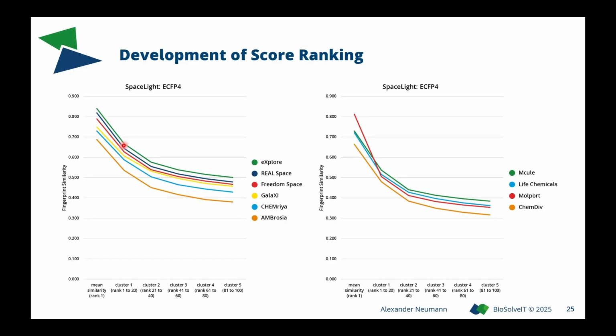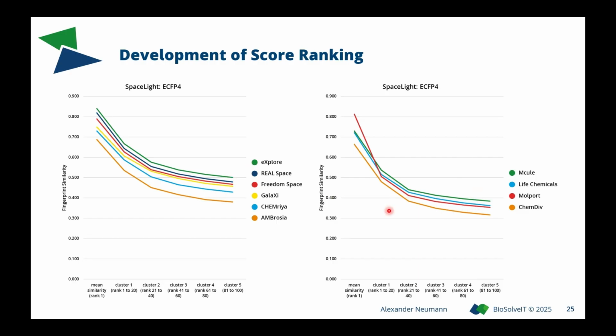You can see quite nicely the differences between the chemical spaces and the libraries. The slope is lower, so it's not dropping as fast in the chemical spaces as it does in the molecule libraries.